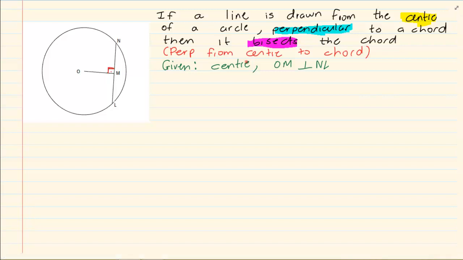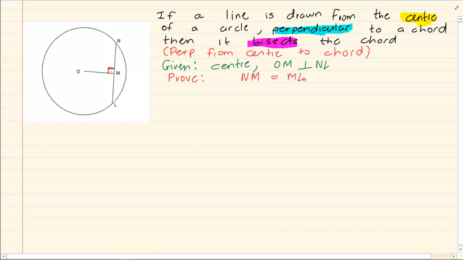Remember, don't get comfortable with our alphabets or the alphabets in the textbook. The department can change it as they want. So what do we want to prove? We want to prove that NM is equal to ML. We want to prove that the line is bisected. So NM is equal to ML.